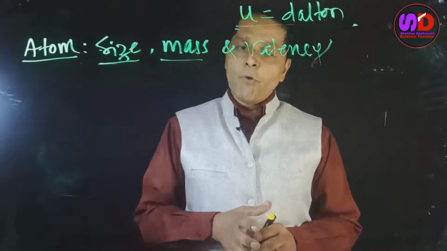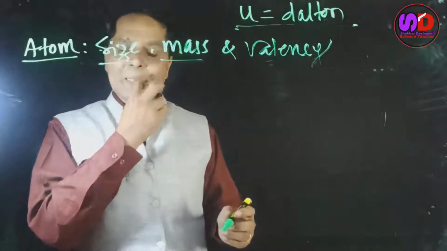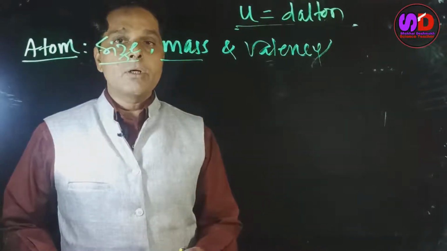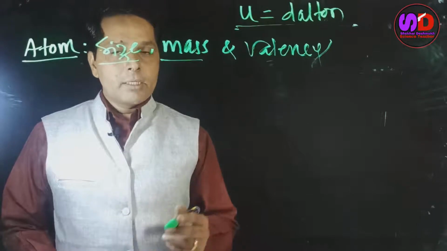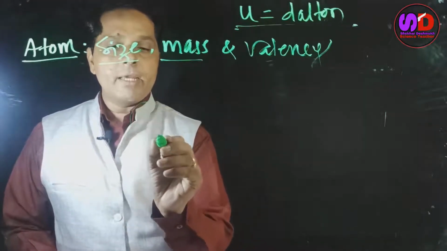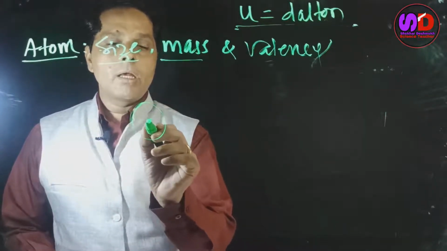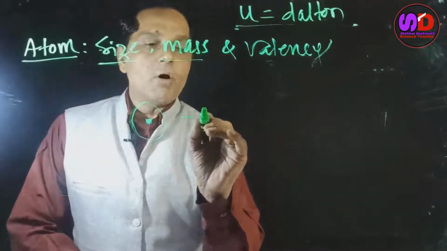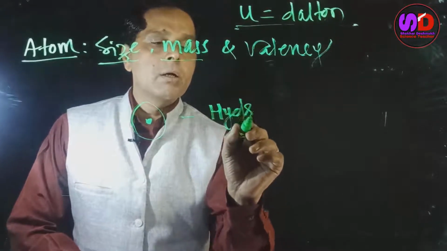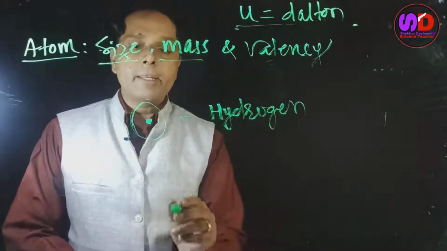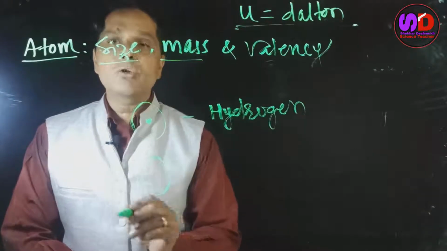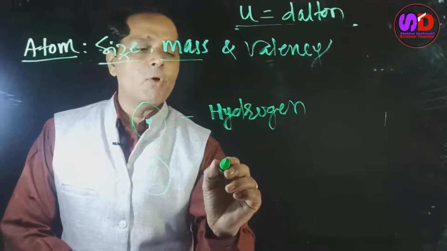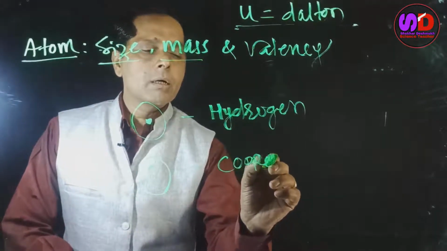For that, first Dalton used some signs to represent the element or atoms of an element. He represents in this way. For example, this is nothing but the atom of hydrogen. Then according to Dalton, he used some symbols. This is nothing but the atom of copper.